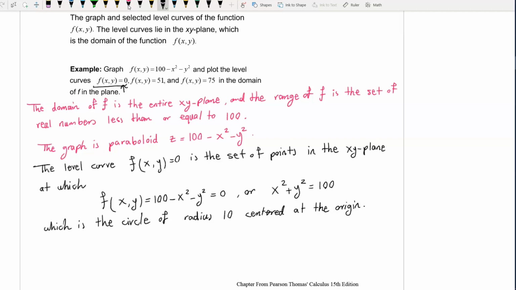So using that, we have x squared plus y squared equal to 100, and here the radius is 10 and the center is 0, 0. So here we have a circle of radius 10 centered at the origin.